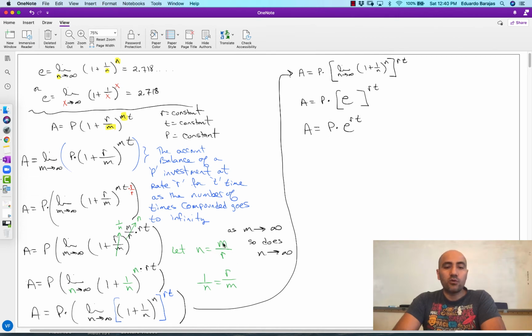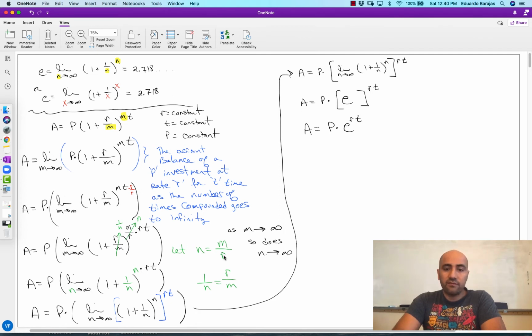Let n equal m over r. If we do that, then we can come back over here and replace this with an n, and replace this with a 1 over n, so 1 over n and n. And now the limit as m goes to infinity, based on this substitution, if m is going to infinity, so is n. Remember, r is going to be some fixed constant.